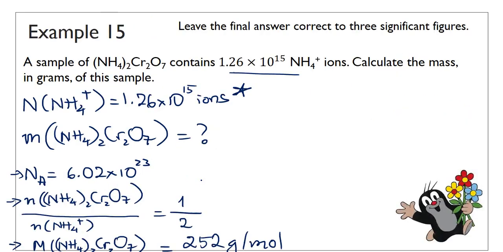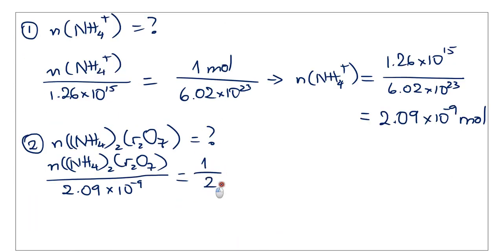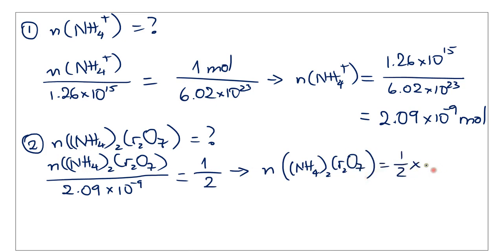The mole ratio that I created earlier was a 1:2 ratio, which means that the number of mole of (NH4)2Cr2O7 is going to be half the number of mole of ammonium ions. So I'm just going to have 1.05 times 10 to the negative 9.